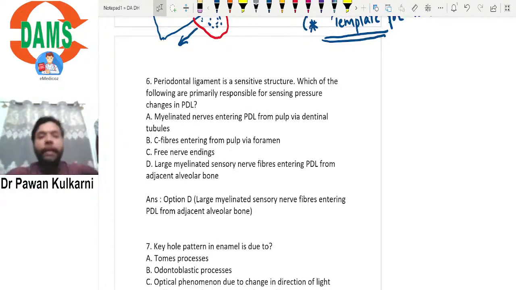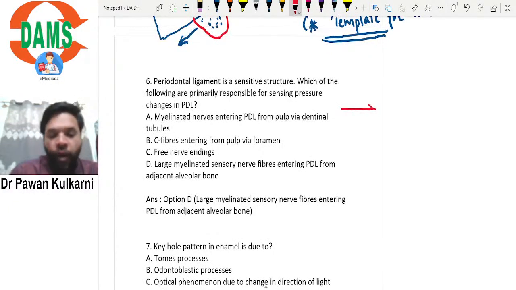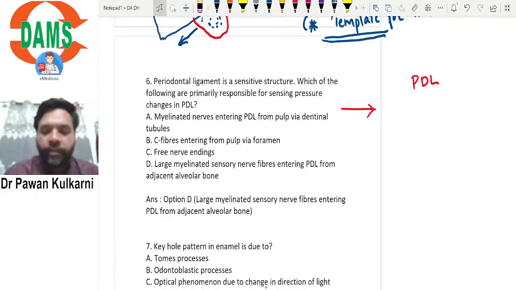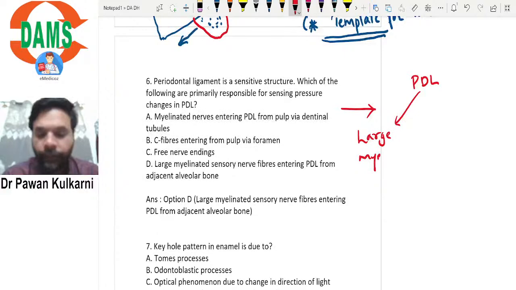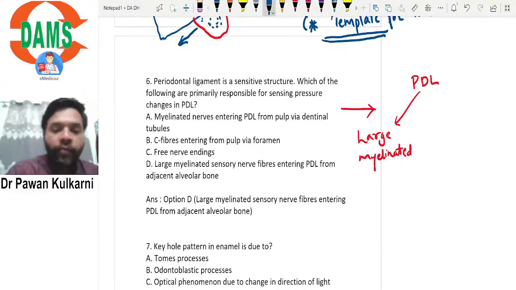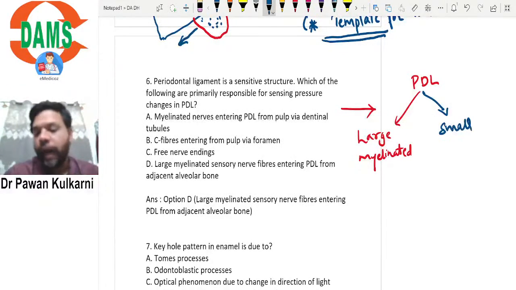To attempt this question, let me explain, two types of nerve fibers are there in the PDL. One which are large and myelinated, and one which are small unmyelinated.